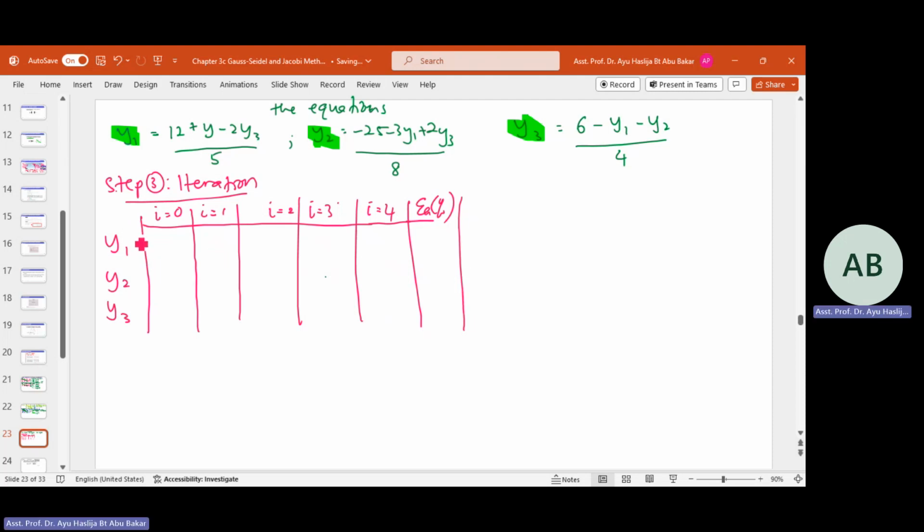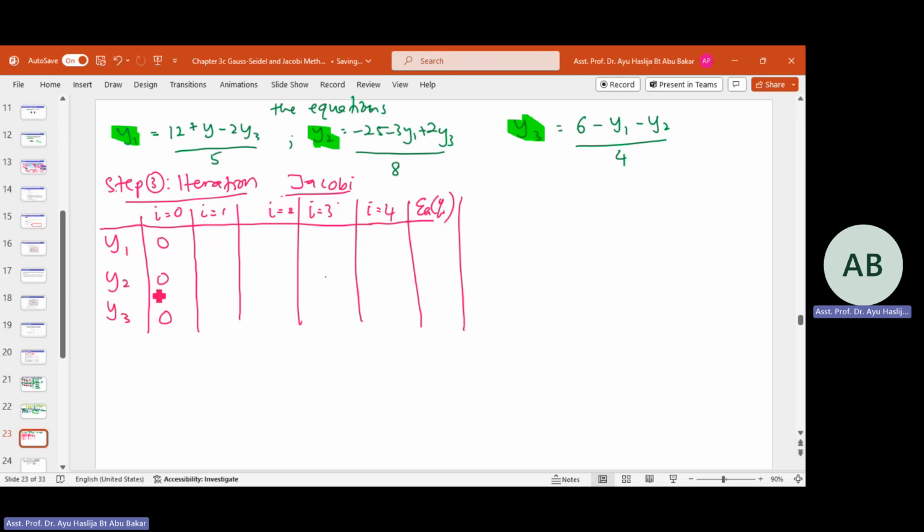Okay, now we start with 0. Y1, Y2, Y3. First iteration, 0th iteration, starting point. Now to find this one using the Jacobi method, I explained the Jacobi method.